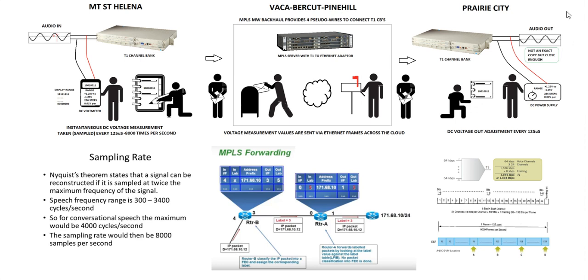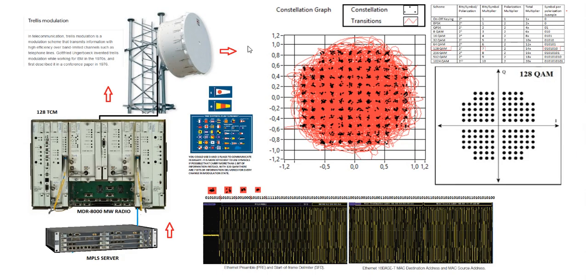So let's hop from here, and let's look at a little bit more the last detailed part of the equation, which is how does the MPLS server with its Ethernet output get onto the microwave radio to get transmitted to another mountaintop.